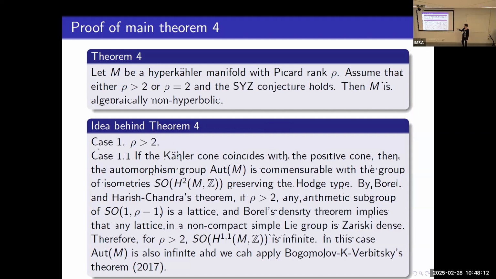Because the automorphism group is commensurable with it, up to finiteness it is the same, we can apply our theorem with Bogomolov and Verbitsky, saying that once you have an infinite automorphism group, then you have algebraic non-hyperbolicity. This took care of the case where the Kähler cone coincides with the positive cone.